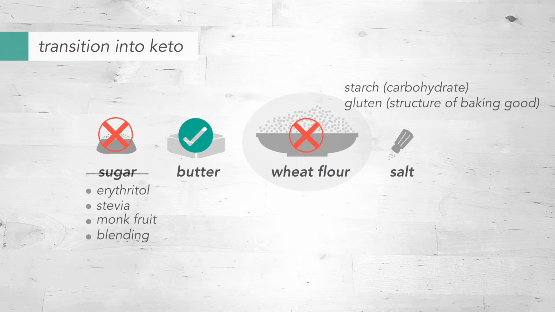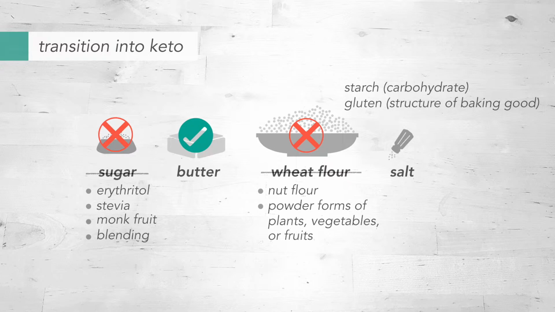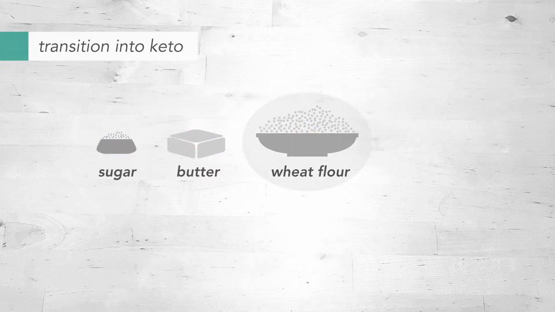But in food trends, more and more people go gluten-free. So nut flour and other powder forms of plants, vegetables, or fruits are considered. Most commonly, we have almond flour replace wheat flour, and I use erythritol to replace sugar.